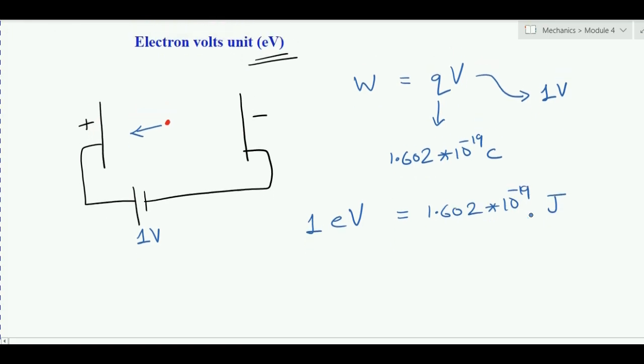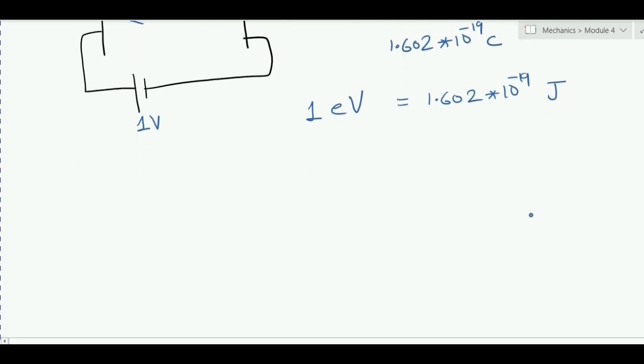So where do we use electron volt? Let us see a few examples. For example, you have probably seen ionization energy in physics and chemistry. Ionization energy is the energy required to remove one electron from an atom.